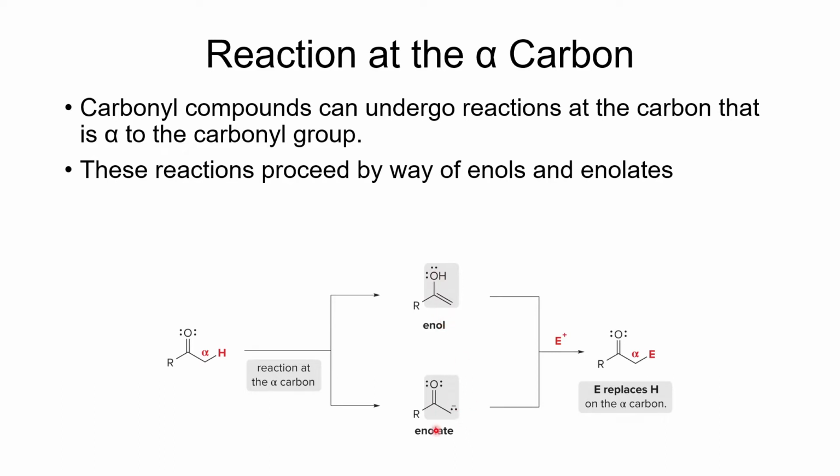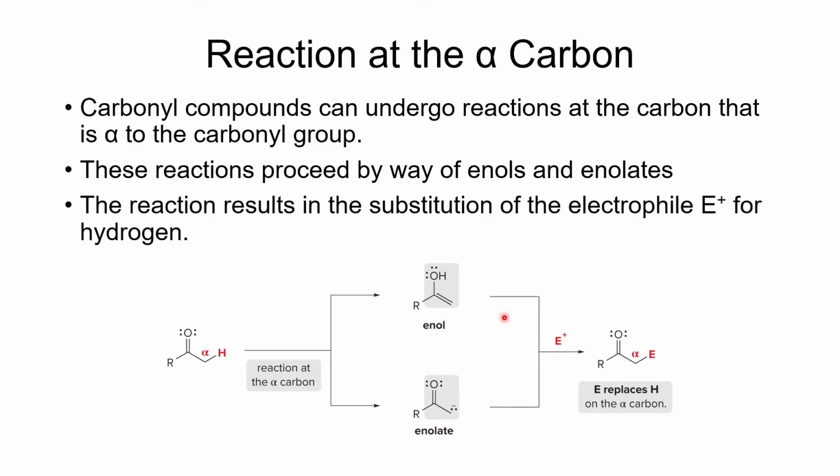But we can also deprotonate the hydrogen and turn it into an enolate. And with either of those, we can have them react with electrophiles. So either way, these reagents are going to act as nucleophiles. So when we start doing reactions with enols and enolates, we're going to think of them as nucleophiles.